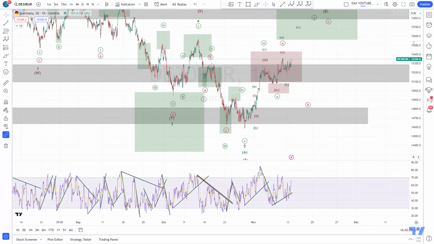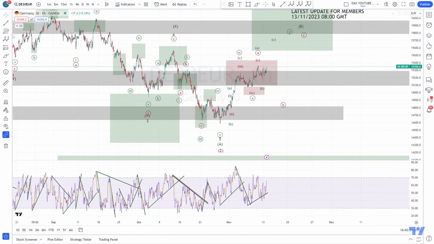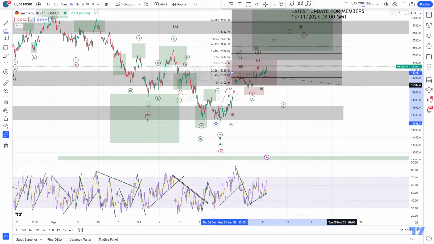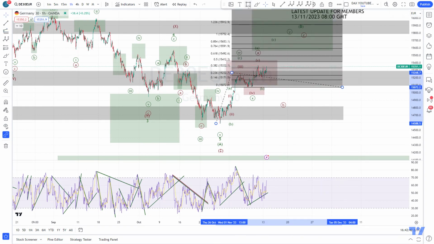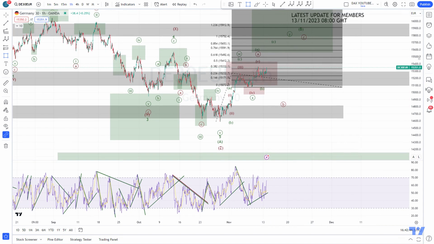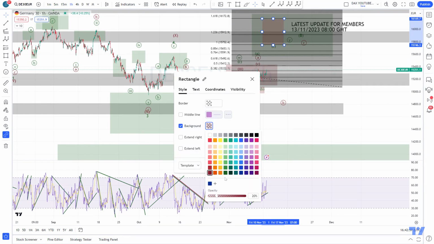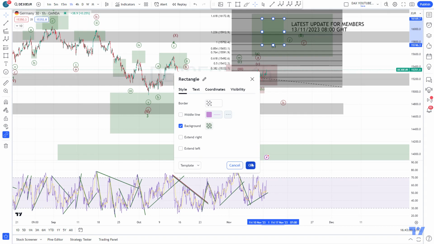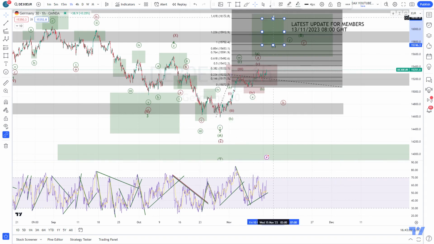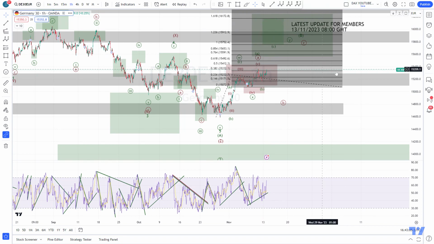Then the target area for the wave Y, if we take the length of the wave W and the length of the wave X, would be this area here between the 1 and the 1.618 Fib extension. And this area here also nicely coincides with the wave B area.